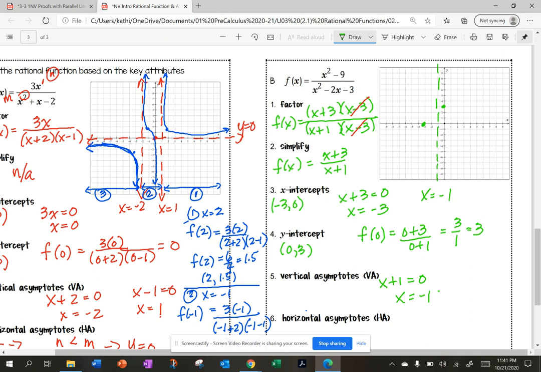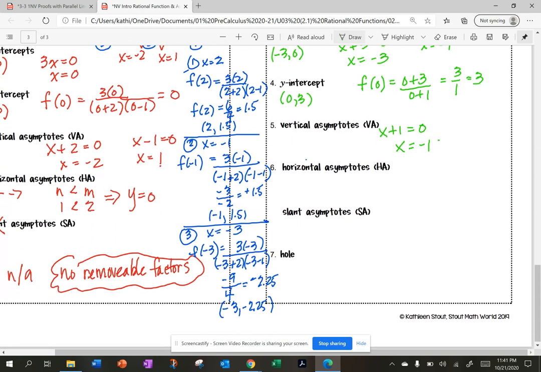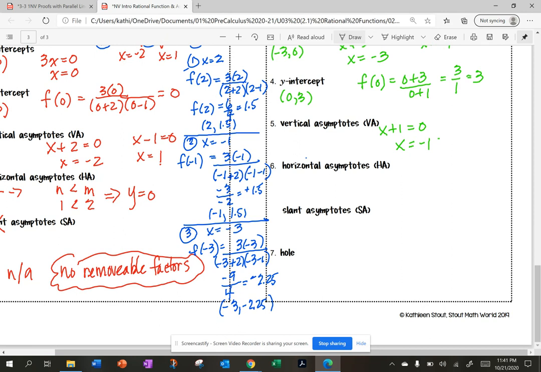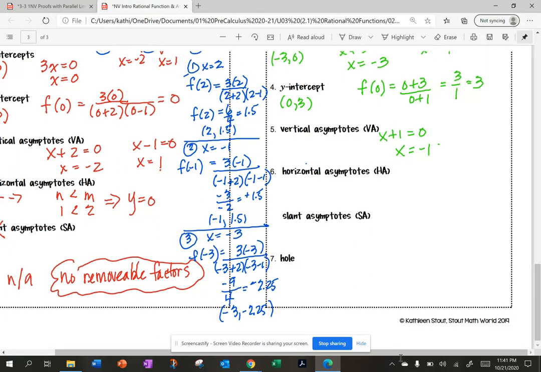And then I'm looking at n and m. So I see that n is 2 and m is 2. So the degree of my numerator equals the degree of my denominator. So I have a horizontal asymptote, not a slant asymptote. So my degrees are equal, n equals m, and we said they're both 2.